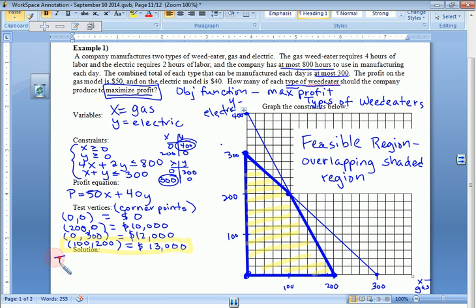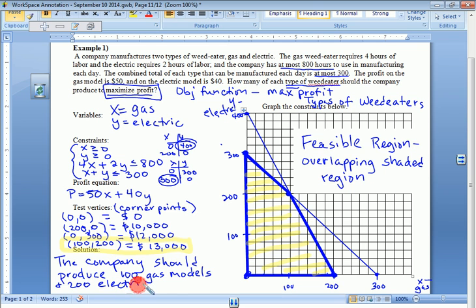So our solution would read, the company should produce 100 gas models and 200 electric models for a profit of $13,000.